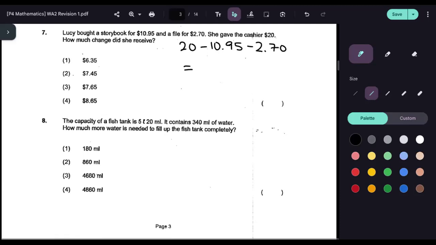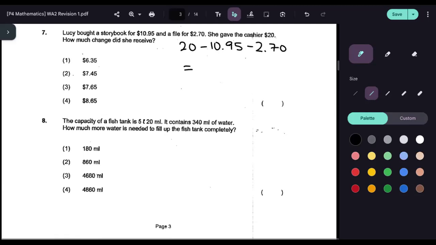Sorry, give me a moment for a bit. Okay, so because of this, I can use my calculator since I'm not primary 4. So 20 minus 10.95 minus 2.70.